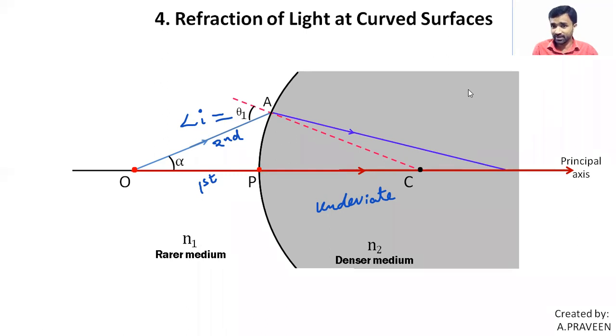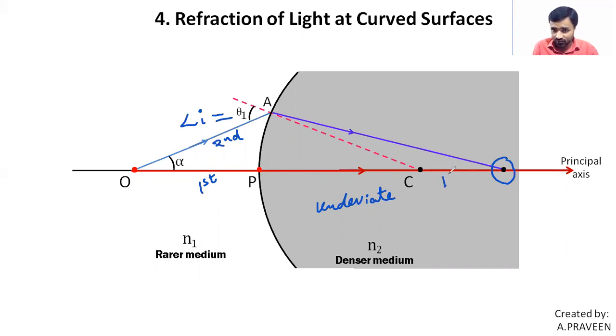How do I trace that refracted light ray? Yes. So now, here I'm going to consider a certain angle of refraction. I am not measuring it, but taking an unknown value, that is theta 2. The point where that light ray meets the principal axis, there I'll get the image, because here I got the converging point of these refracted light rays.